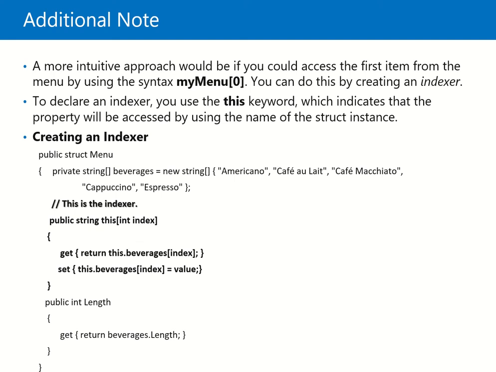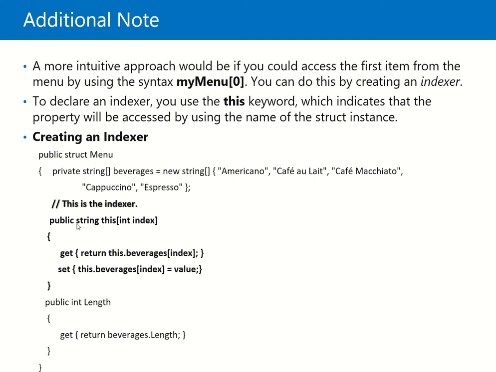So later on in the code you don't have to call menu dot beverages indexer anymore. All you need to do is just call menu and the indexer: menu 0, menu 1, menu 2, menu 3, menu 4. So it shortened the coding.